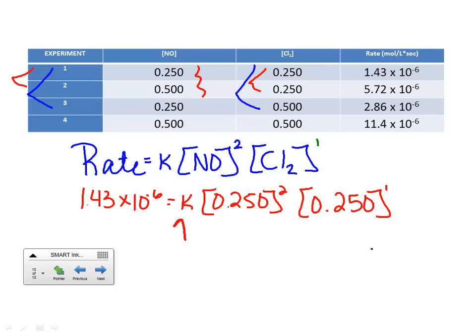Now we have only one missing variable, and we can easily solve for that. When you solve for this k value, you can determine that it's 0.14, or at least it should be. So it should be 0.14, and then you can put it in, and you can have a complete rate law for this particular reaction.